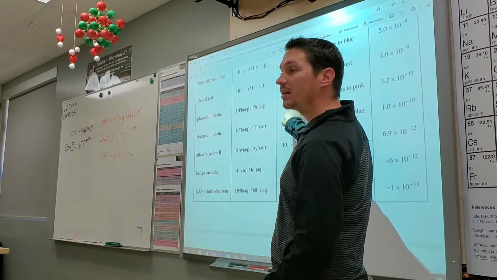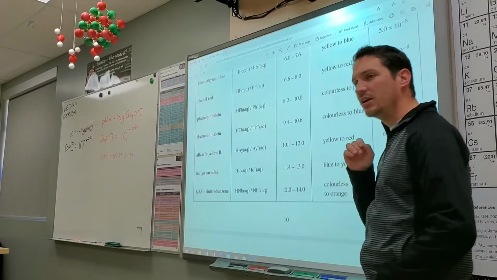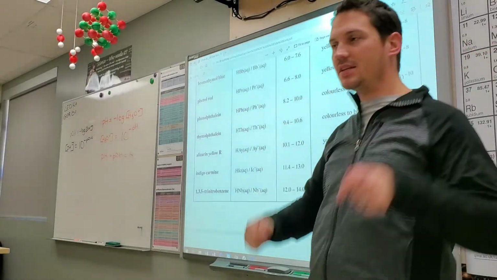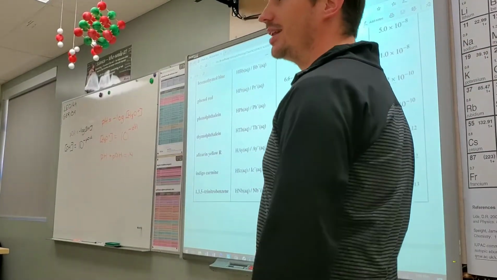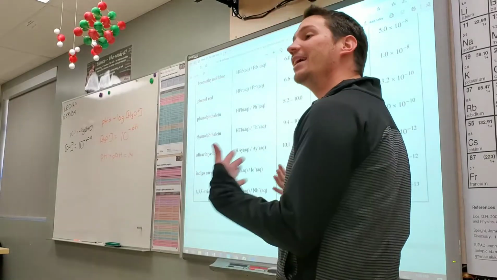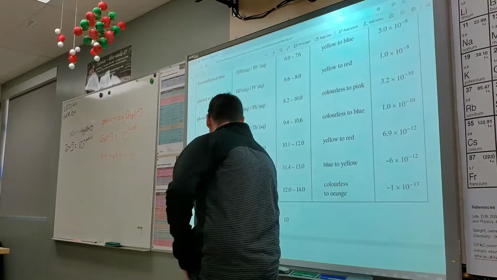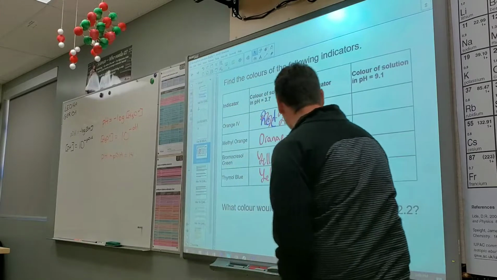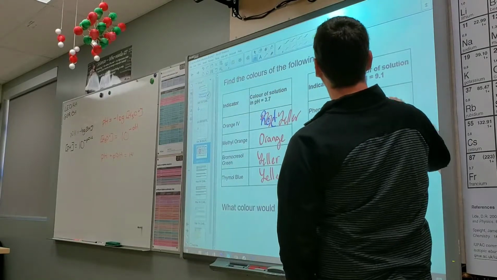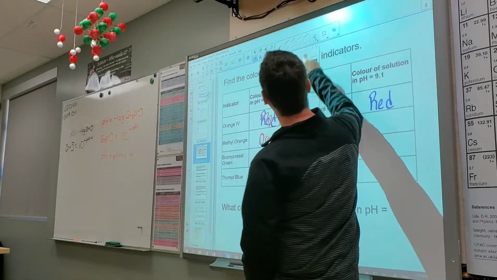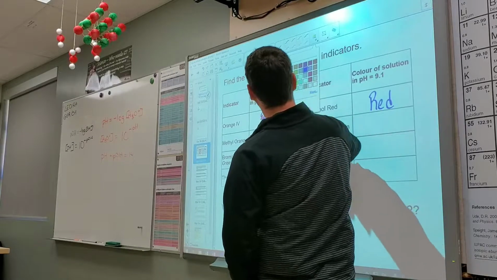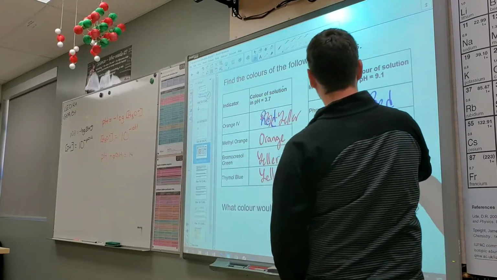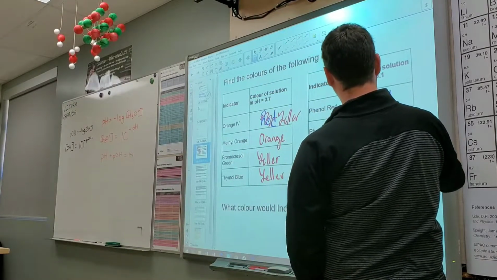In between colorless and pink. So what would be in between colorless and pink? Light pink. Pale pink. Salmon. We're not going to use salmon. So this is going to be red. This is going to be a nice pale pink color.